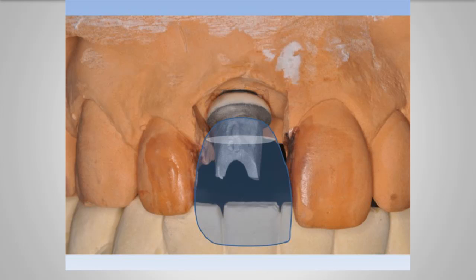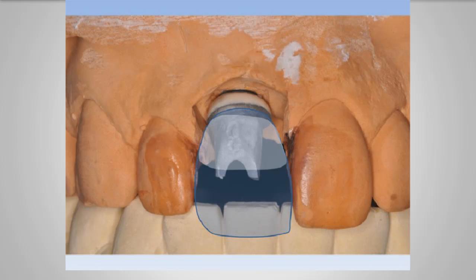As I go to seat this material, it starts to stretch and expand, and it runs up towards the access hole. As it runs up towards the access hole, I leave it open. It will begin to fill in there. And that's okay. You don't have to worry about this material now completely filling the access hole and engaging the screw head of the abutment screw.